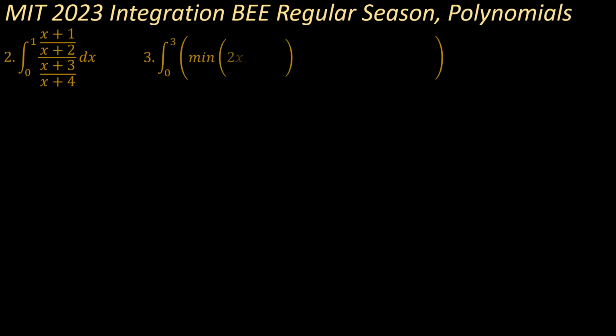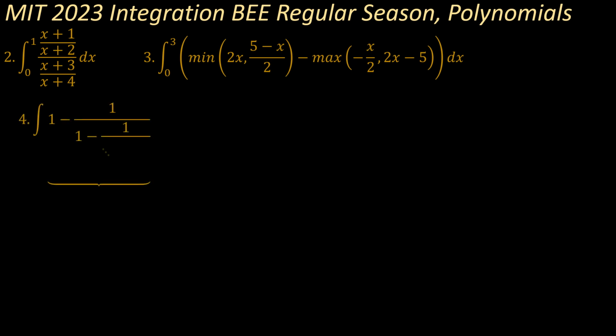The next question was question number 3, which was the integral of the minimum between 2x and 5 minus x over 2 minus the maximum between negative x over 2 and 2x minus 5, integrating from 0 to 3.